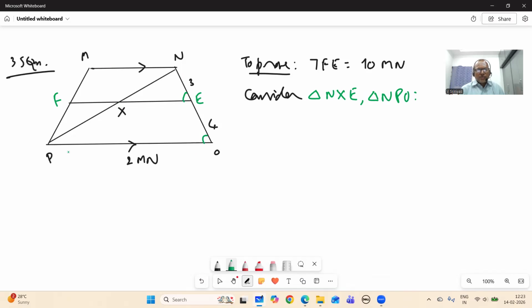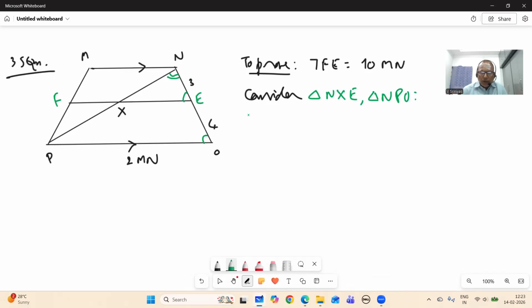That's how XE is parallel to PO. And this is a pair of corresponding angles, with NO being transversal and these being parallel sides. Therefore, they have to be equal. And this is common angle, right? And therefore, by AAA axiom, these two triangles NXE and NPO will be similar.